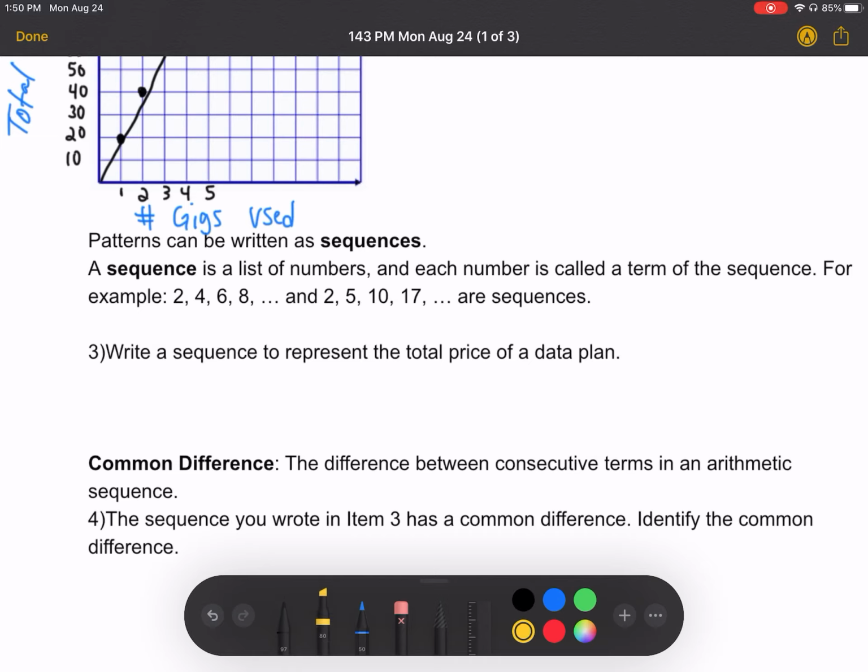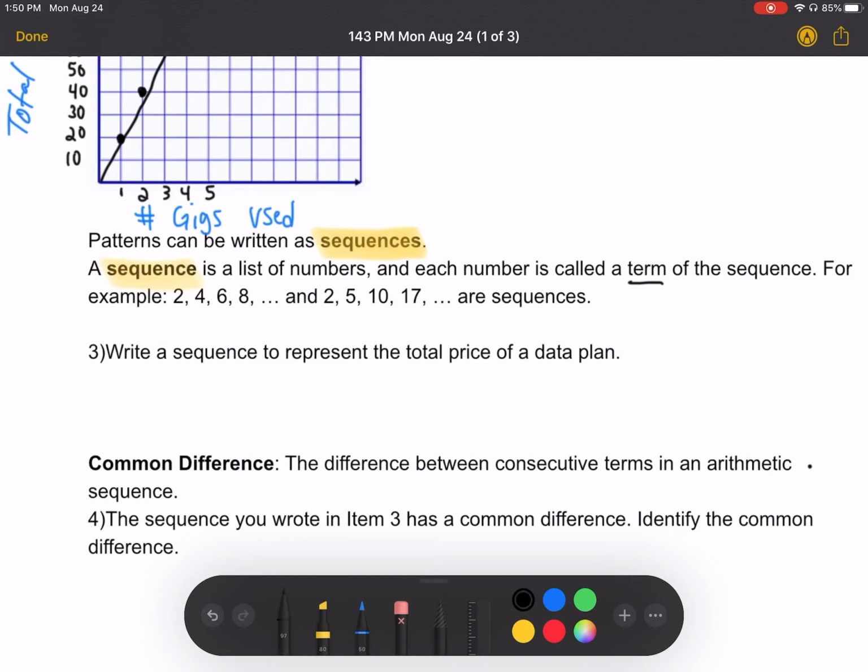So then we have patterns can be written as something called sequences. A sequence is a list of numbers, and each number is called a term of the sequence. So let's underline that word term. For example, 2, 4, 6, 8 is a sequence, and 2, 5, 10, 17 is a sequence. There's some pattern to those numbers.